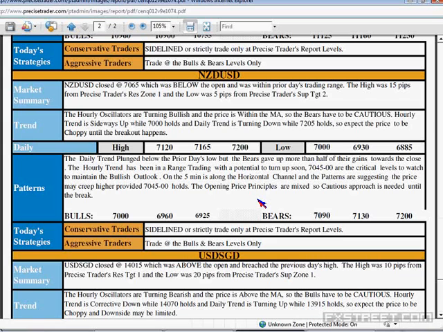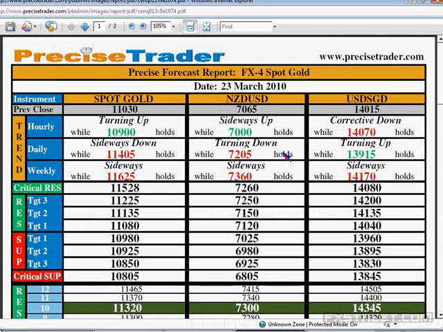So overall, by looking at this report, I'm looking to buy, and that's what I should interpret. And when you buy, you should know that the upside is limited because, as I told you, the daily trend and the weekly trend are telling you that it's going to turn down.